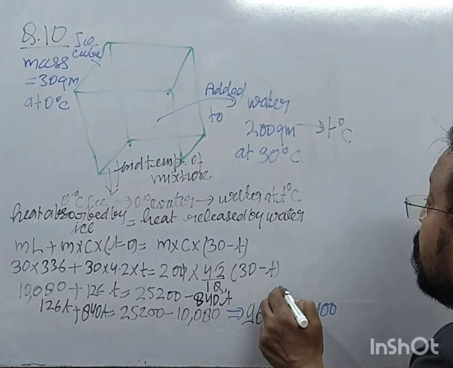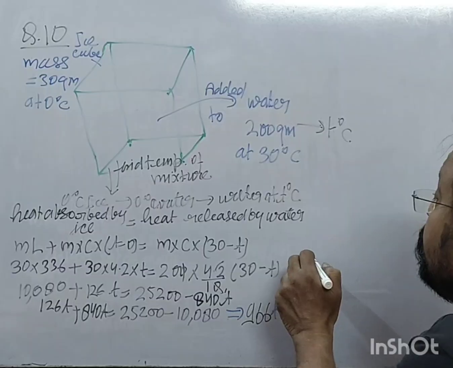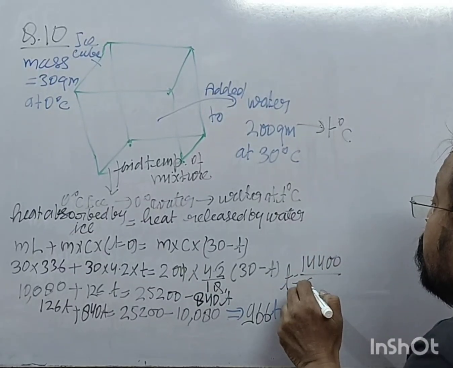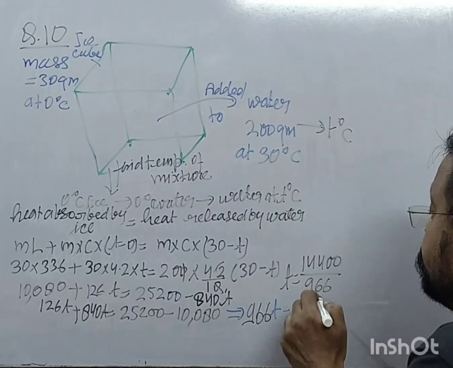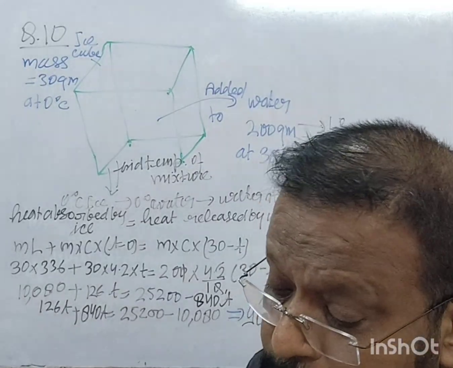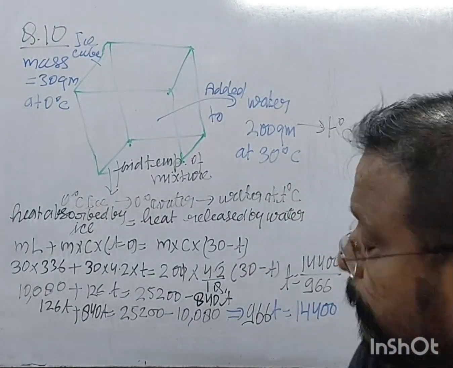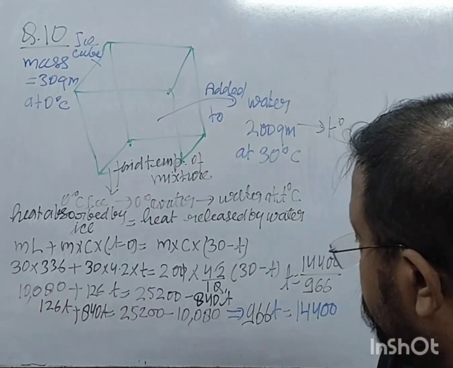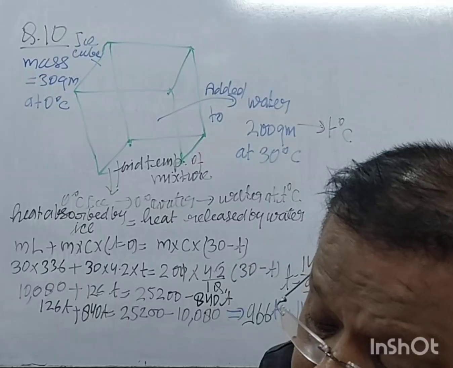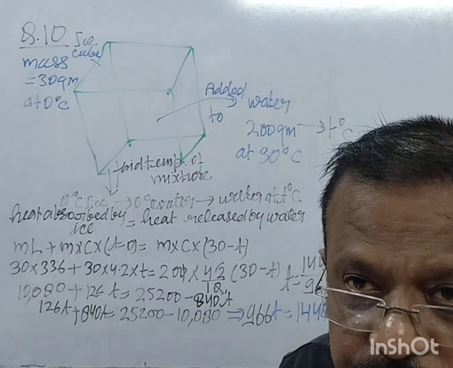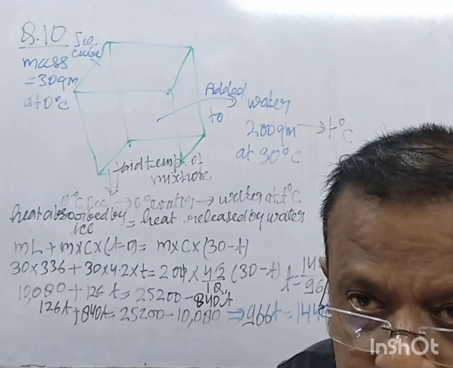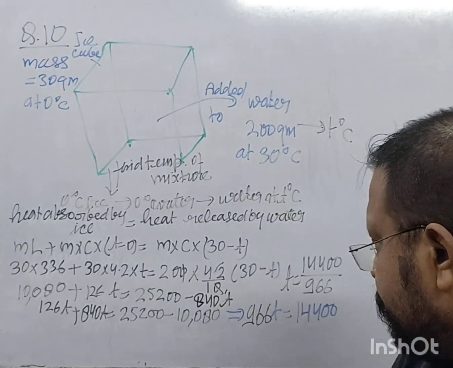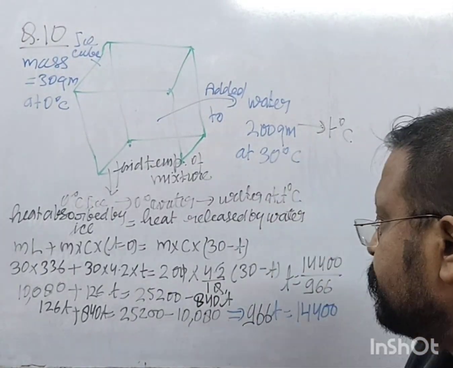So T becomes 14,400 divided by 966. It is 14.90. 15.65.